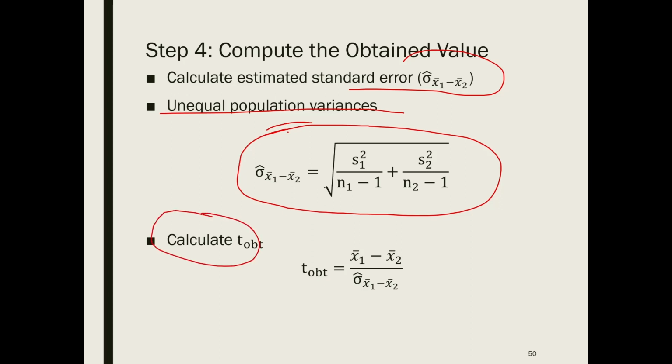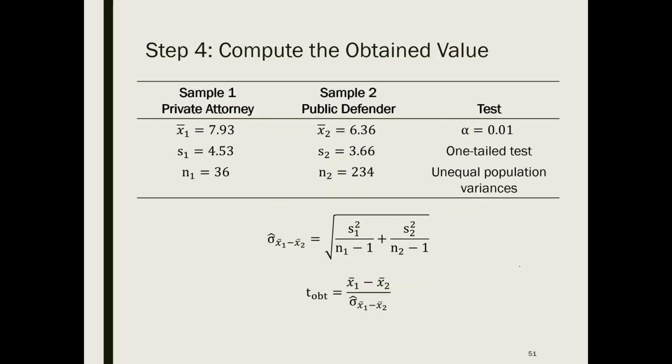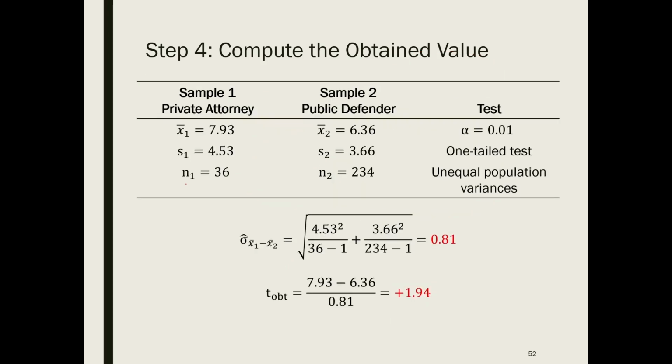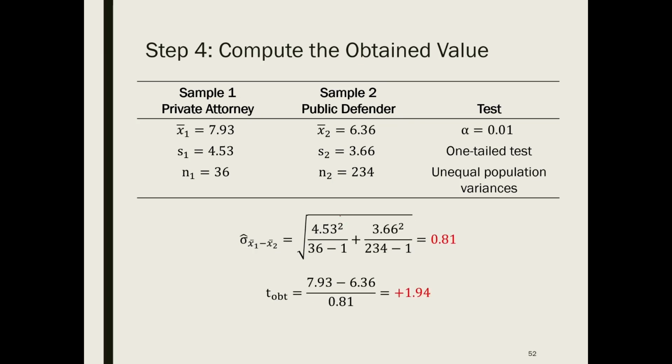Then you calculate the t obtained similar to the equal population variances. The formula is similar to the one before. The difference is the different formula used to calculate the standard error at the bottom here. Carefully insert every number into this formula.